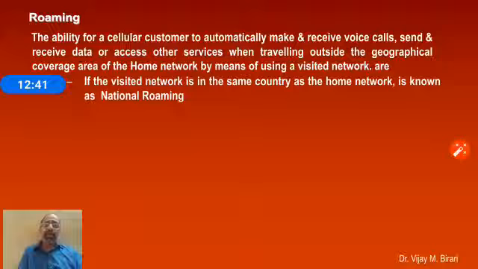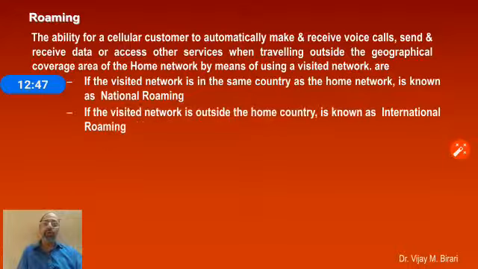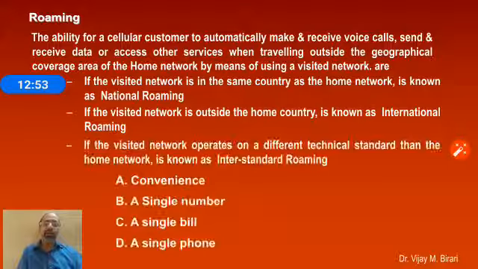If the visited network is in the same country as the home network, it is known as national roaming. If the visited network is outside the home country, it is known as international roaming. If the visited network operates on different technical standards than the home network, it is known as inter-standard roaming.